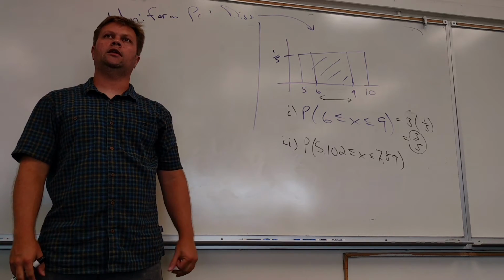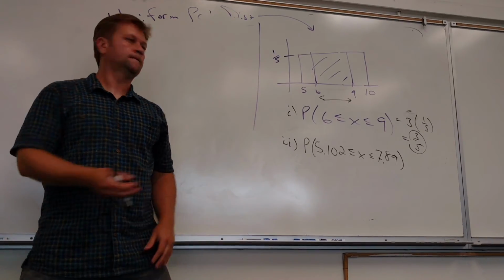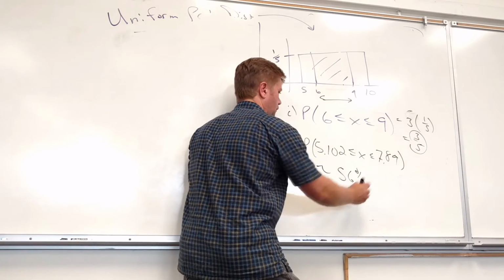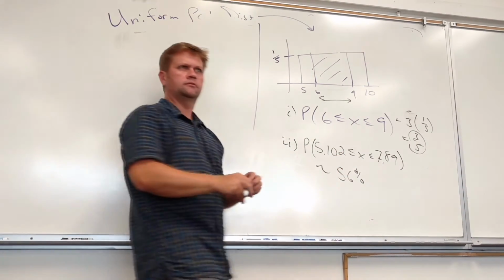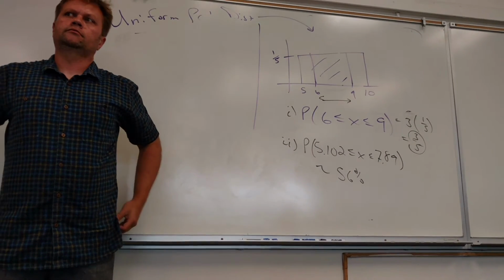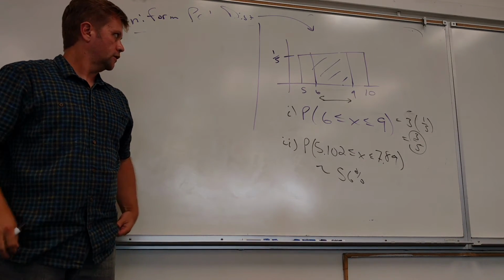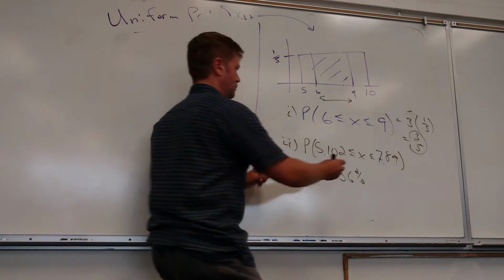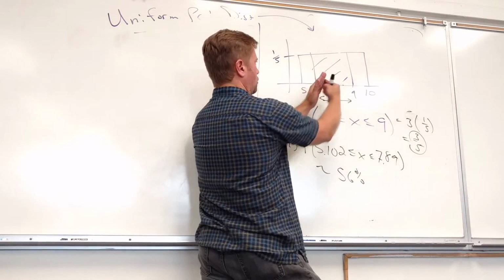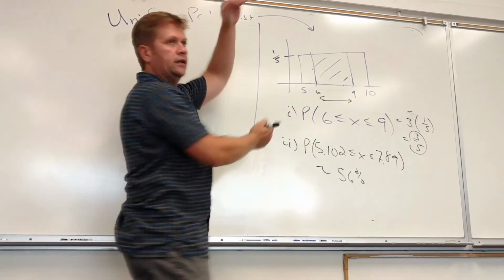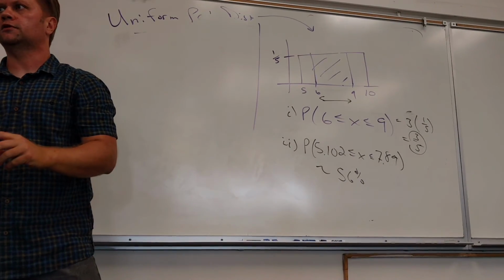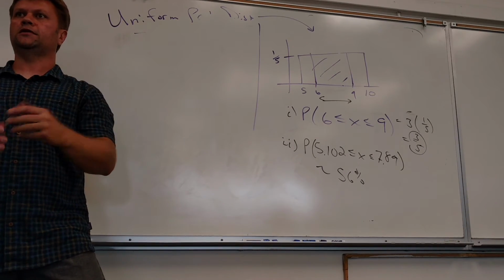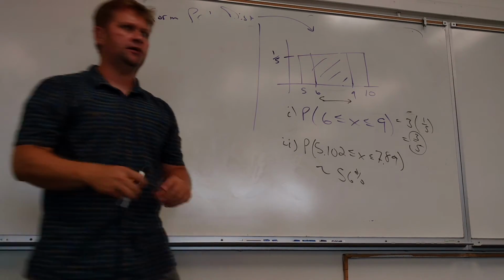Yeah, 2.788, 2.8, 56%. So roughly 56%, like 55.7, okay. How did we get that? We did this minus this to see how wide it was, times the height. Let uniform distributions be that simple. Allow them to be easy. Okay, I like it.